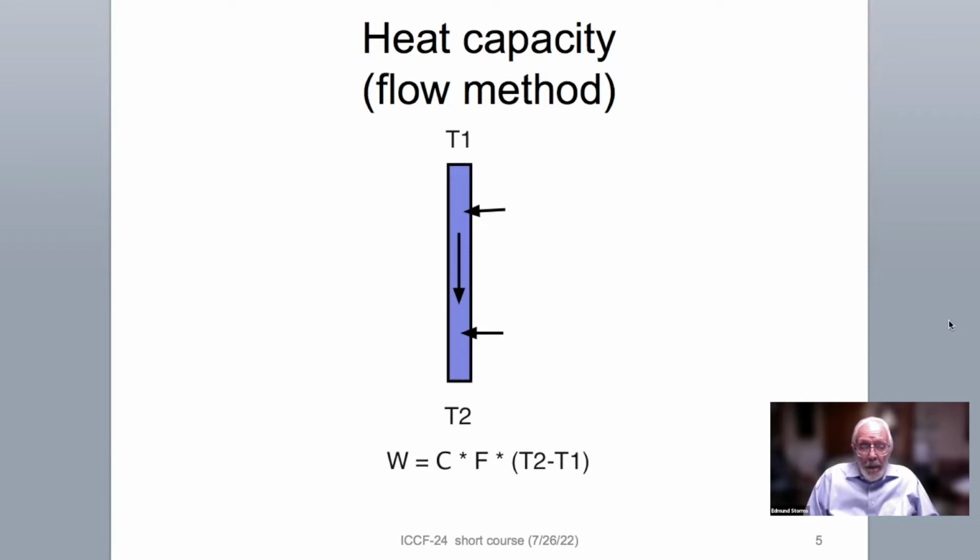The heat capacity of the fluid, which is known in the case of water, times the flow rate, times the temperature increase that's been caused by the heat, that product is equal to the amount of power. And since we know the value of the heat capacity, and we know the flow rate, and we know the delta T, this becomes an absolute technique. That is, it does not require calibration.